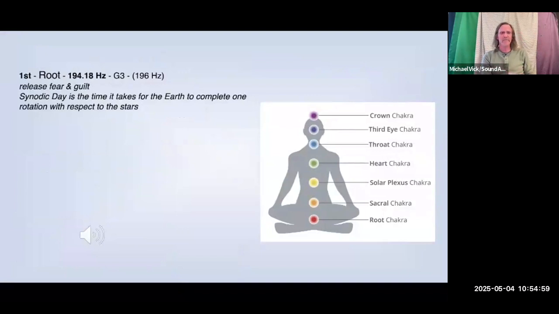This is referencing how to release fear and guilt when hearing this, and it's based on the sonic day, which is the time it takes the Earth to complete one rotation with respect to the stars. So you take that in mind. That's a frequency that is constantly occurring that we may not hear because it's happening at a frequency that we have to lower the octaves. Now, let's listen to it.